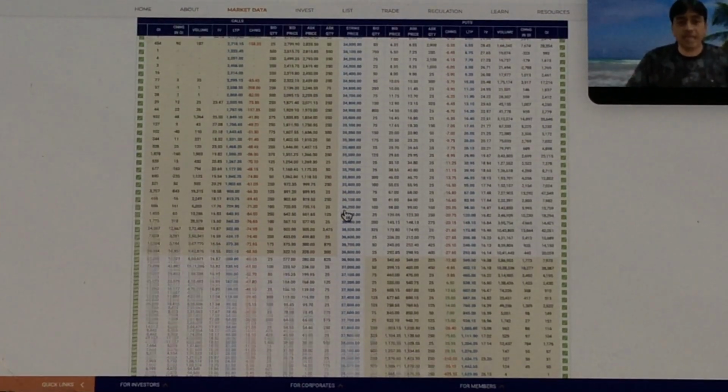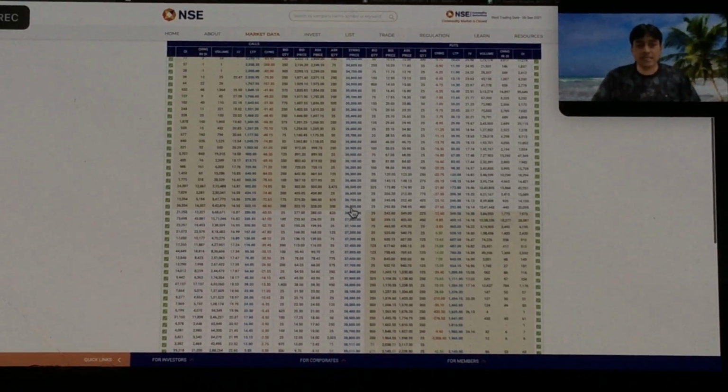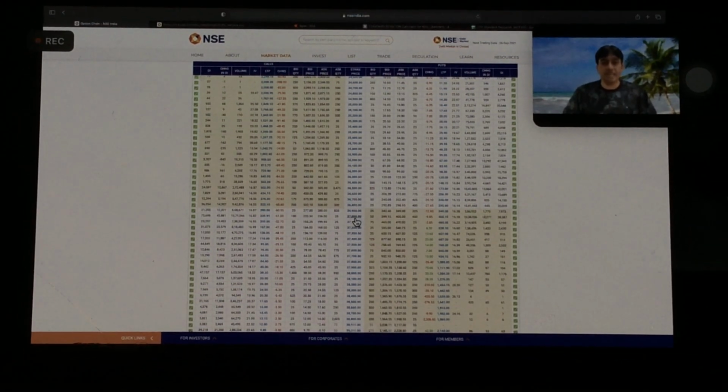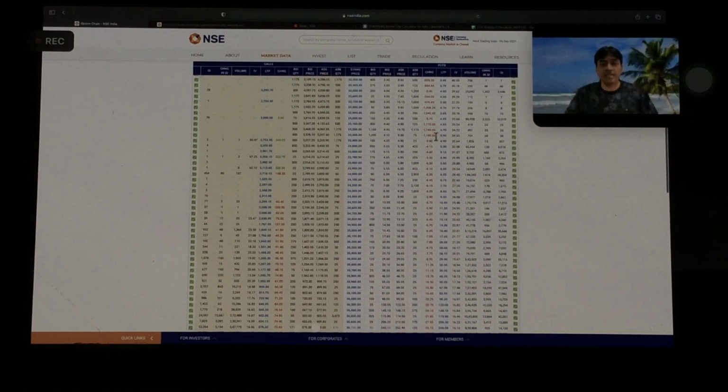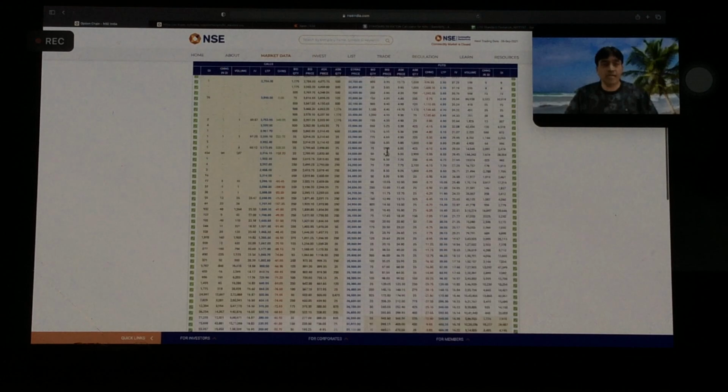Current Bank Nifty price is around 36,800. So Bank Nifty strikes are 100 points away. This is pre-decided by the exchanges, SEBI, right? Pre-decided strike prices differ for each stock. So 100 points away on upside and downside. On the left side we will get the call data, on the right side we will get the put data.